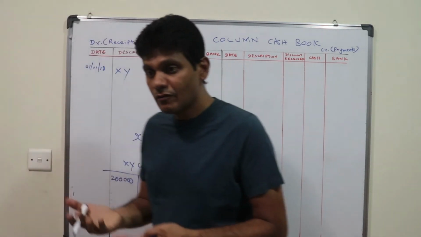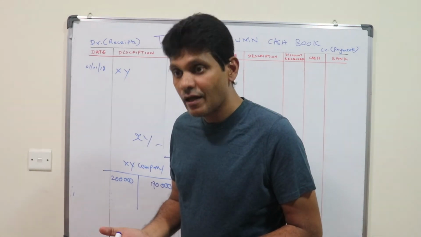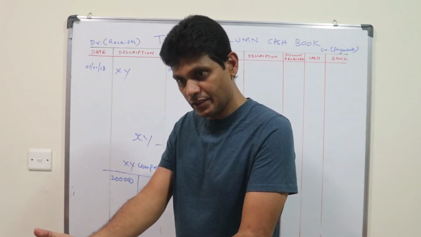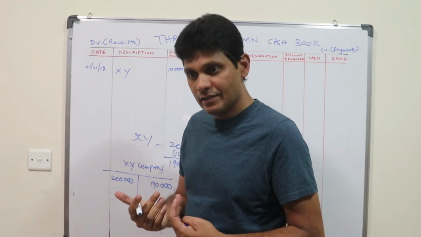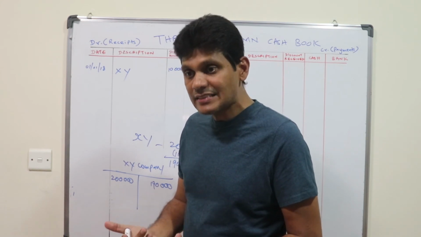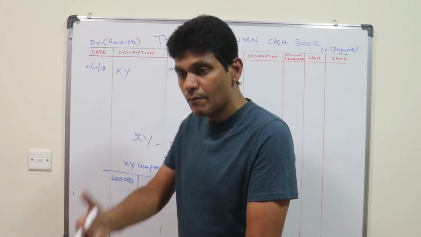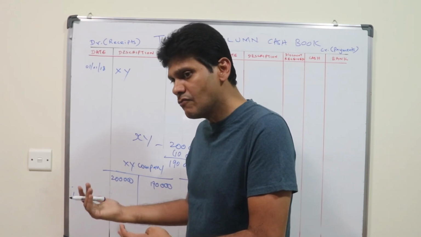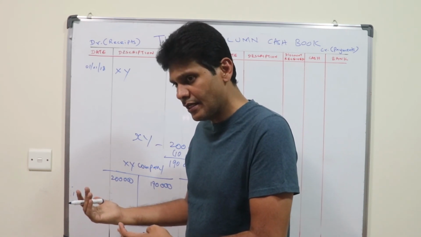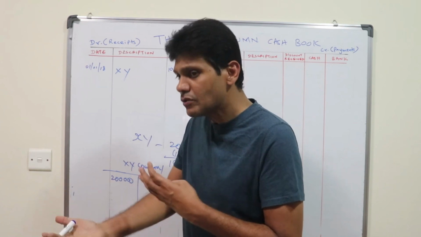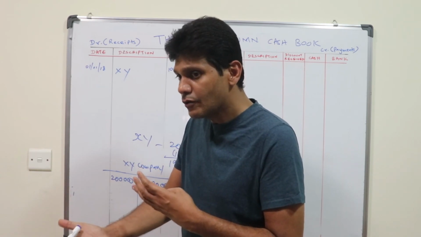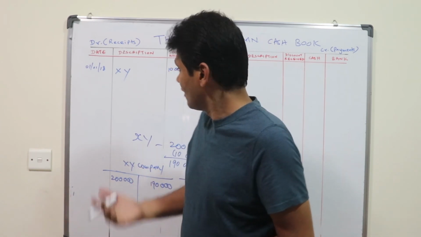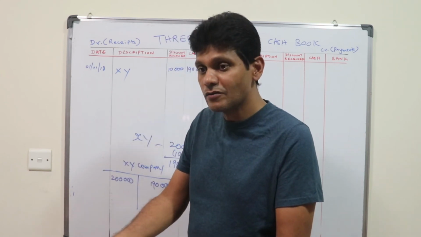Why do we call it discount allowed? Because we are allowing our customer to take the discount. From the company's point of view, it's not a benefit. It's like an expense, a loss to the company. You will not receive 10,000 because you offered a discount to the customer.